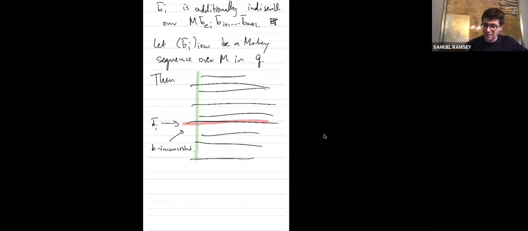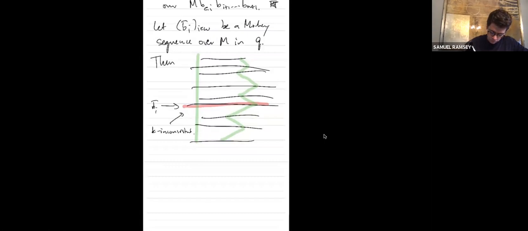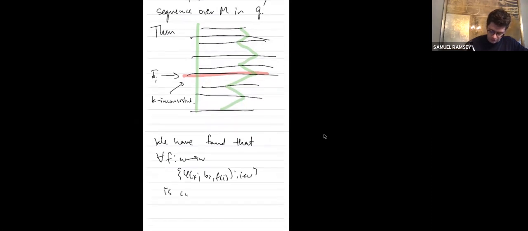But this is not any array. This is a mutually indiscernible array. So if I know that one column is consistent, then it follows that any way of snaking through my array is also consistent, from mutual indiscernibility. So what have we found? We have found that for every function f from omega to omega, phi(x, b_{f(i)}), i less than omega, is consistent.